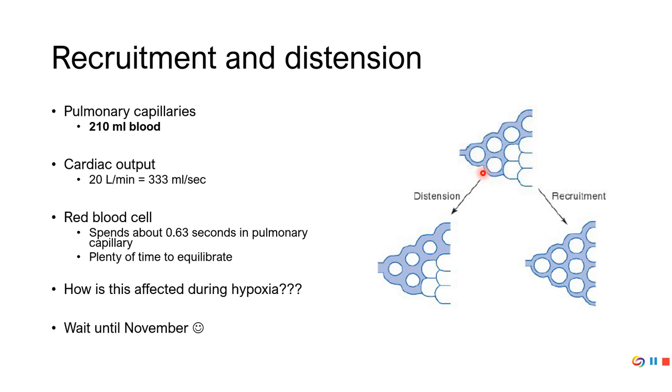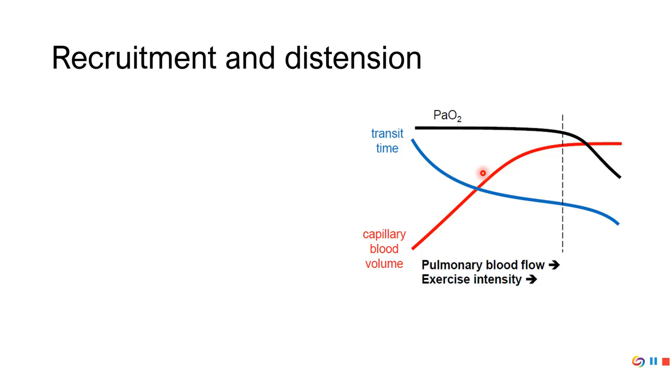All right. So if you look at this figure here, we've got transit time. Remember, that's how long the blood cell's in the capillary. All right, we've got our arterial oxygen, and then we've got a capillary blood volume. Notice that we've got a certain point where capillary blood volume essentially plateaus, and at this dotted line here, this is where, even though we've increased capillary blood volume, transit times decrease so much that arterial oxygen decreases.